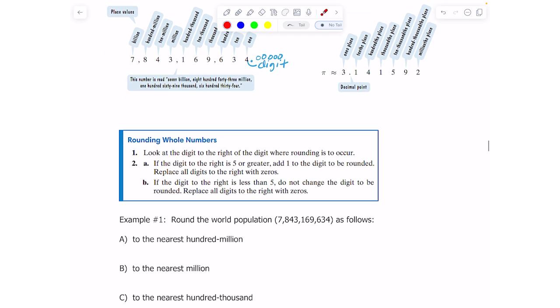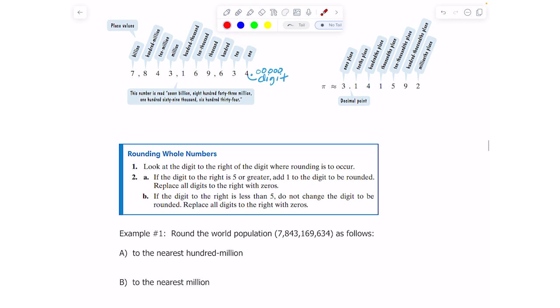So for example, if we take this number here, which actually is the world population, right, a rough estimation, and we want to round it to the nearest 100 million. So you can use your chart. The 100 million place is where the 8 is. Okay, so again, you have ones, tens, hundreds, thousands, 10,000s, 100,000s, millions, 10 millions, 100 millions.